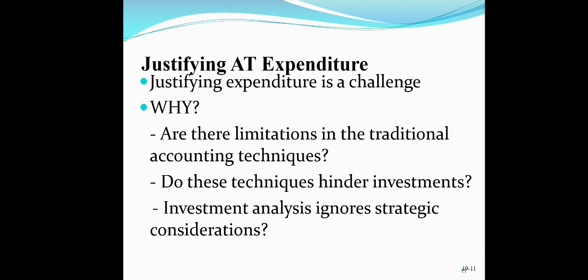If you have good justification, then you can say yes. If you cannot justify the thing that you do, then you cannot say yes, or you cannot make the decision or the choice. So let's see how to justify expenditure in advanced technology. Justifying expenditure is a challenge.